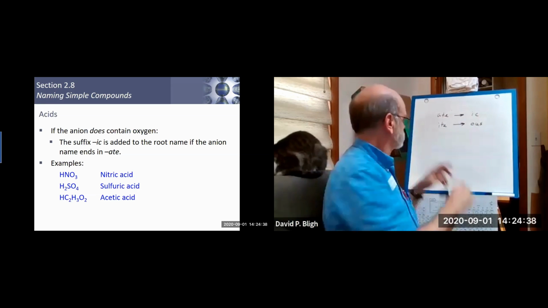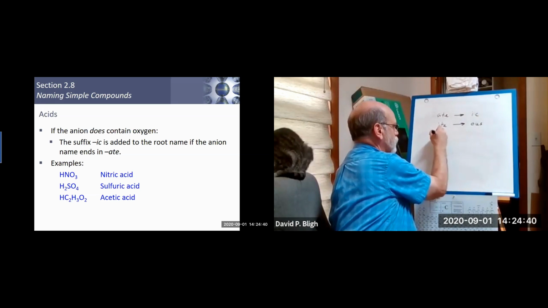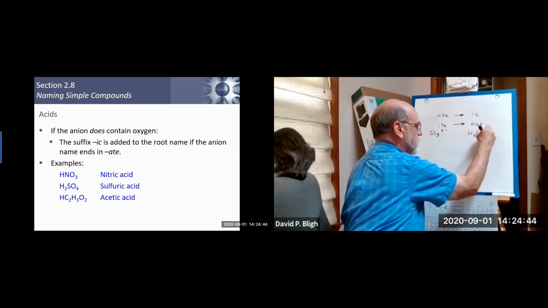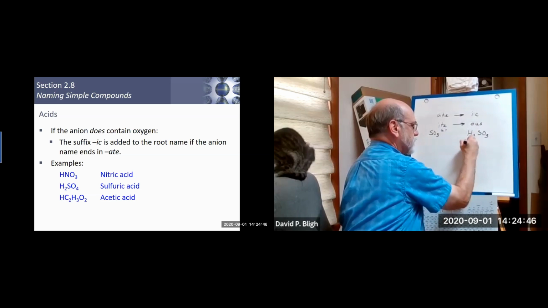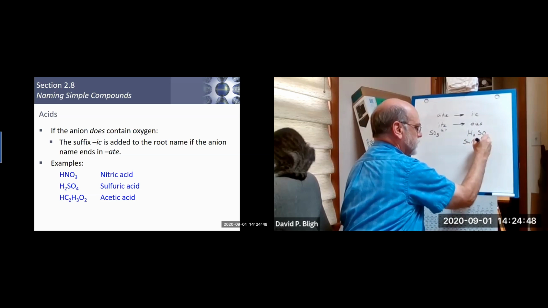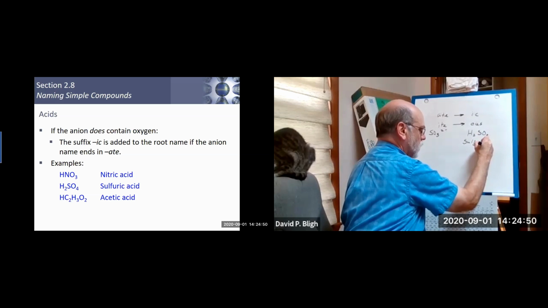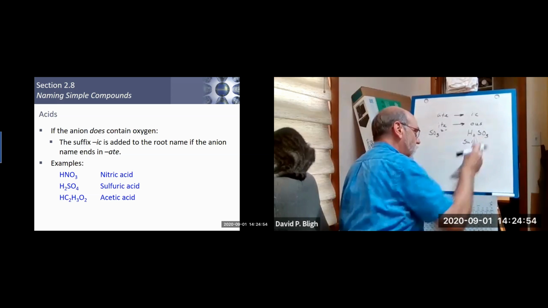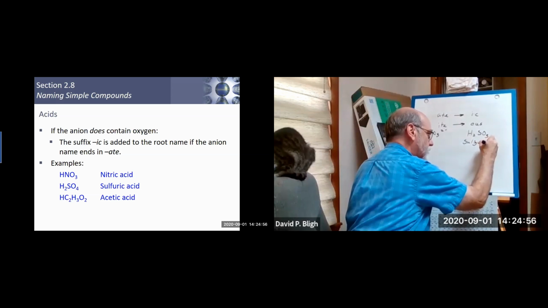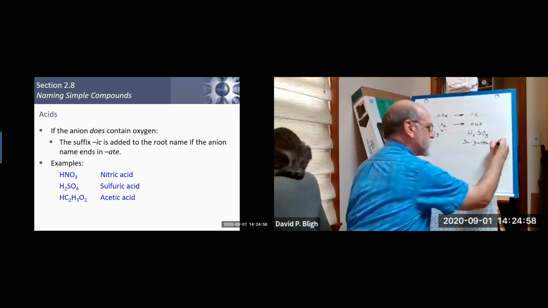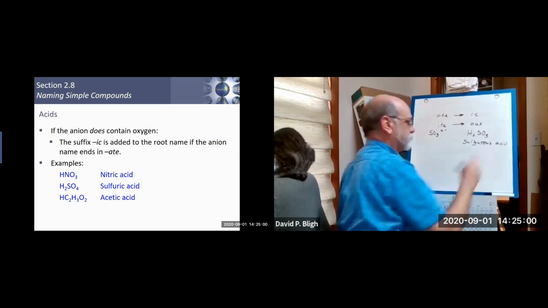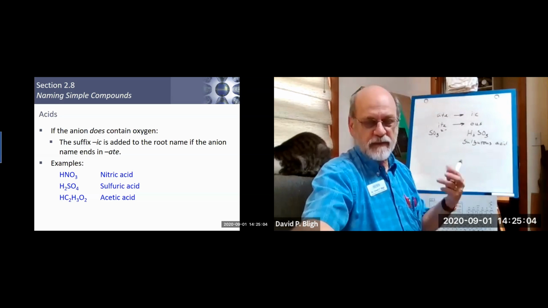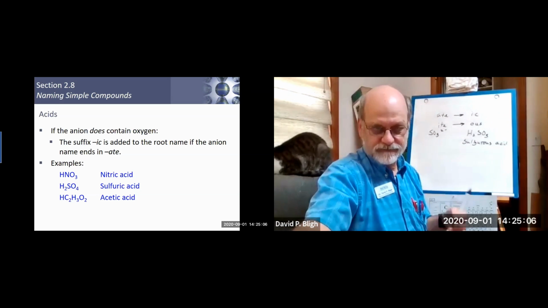So instead of SO3 2 minus, it becomes H2SO3. That's sulfurous acid. Okay? Ates become ics, ites become ous.